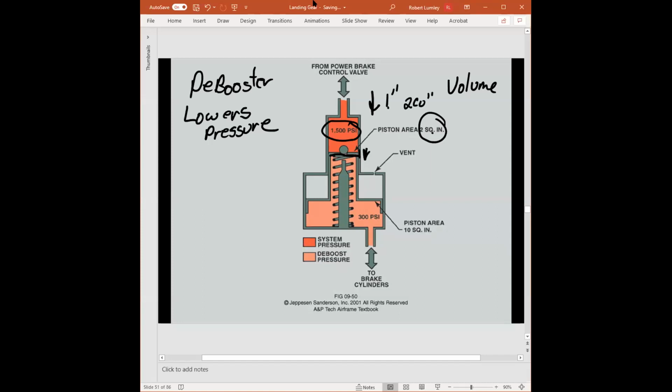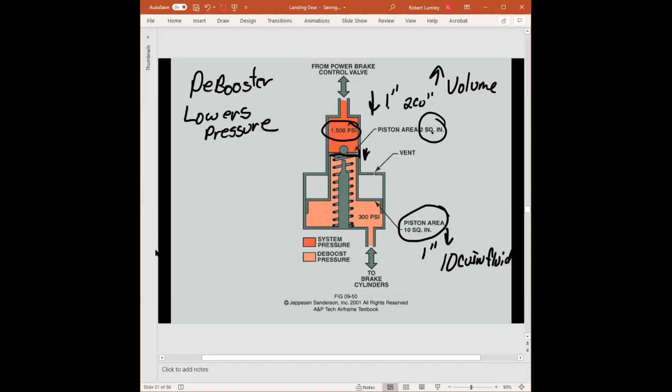But this is acting now on a piston that's 10 square inches. So when this moves down 1 inch, it's actually pushing out 10 cubic inches of fluid. So we lower the pressure, but we're increasing the volume going to the caliper.